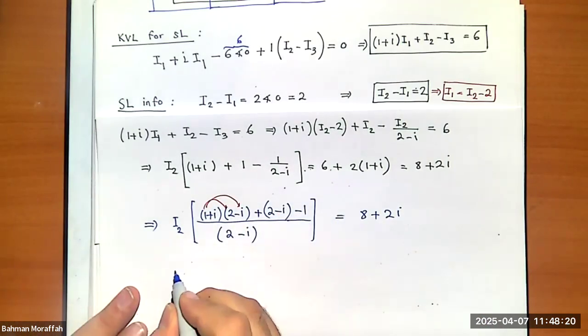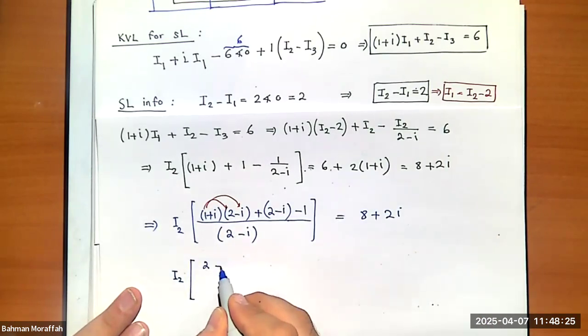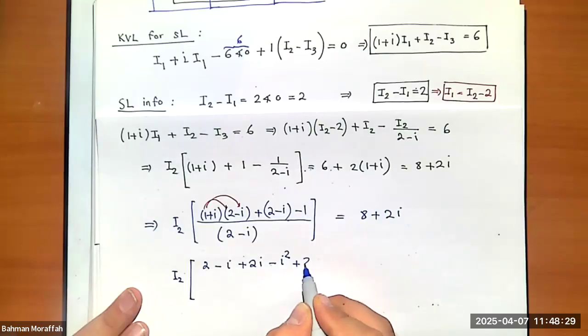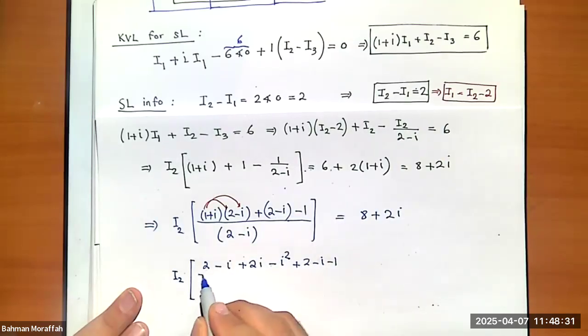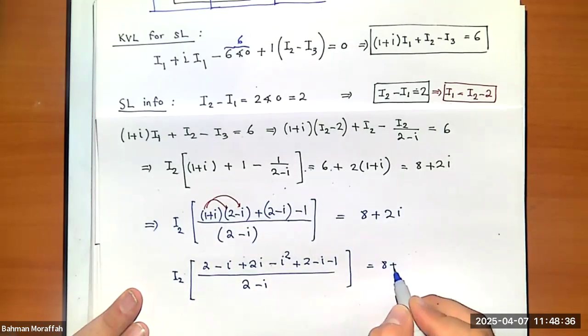So I get I2 times (2 minus I plus 2I minus I squared plus 2 minus I minus 1) divided by 2 minus I, and that equals 8 plus 2I.